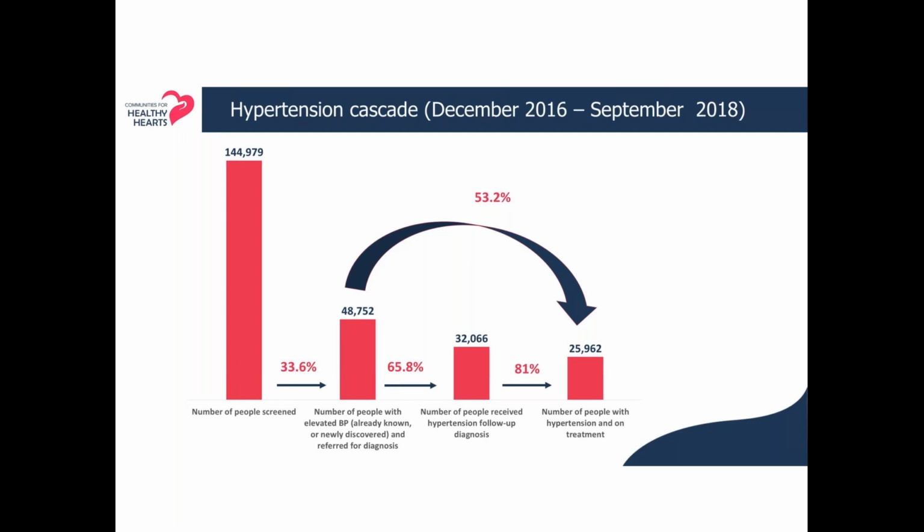Those included individuals who had previously not been diagnosed with hypertension, and those that had, but perhaps had lapsed with treatment and follow-up. So of those, nearly 66% then went back into care. They were either diagnosed for the first time or re-enrolled in care, and 81%, or nearly 26,000 of those diagnosed with hypertension, are on treatment.